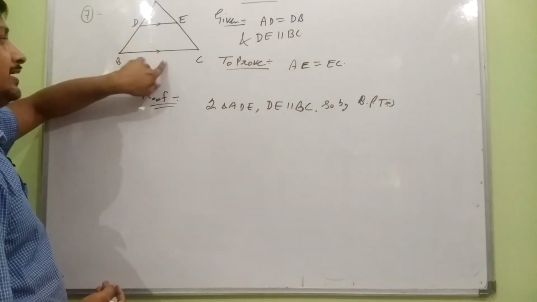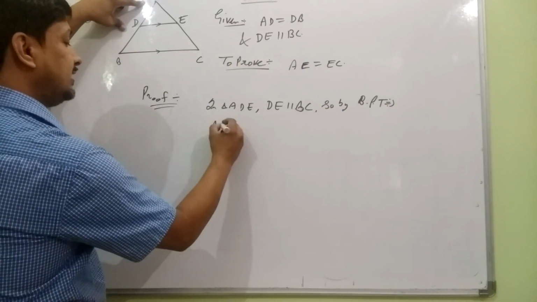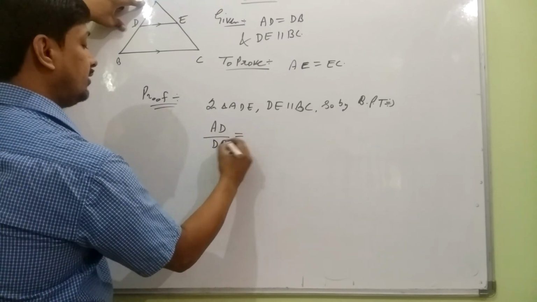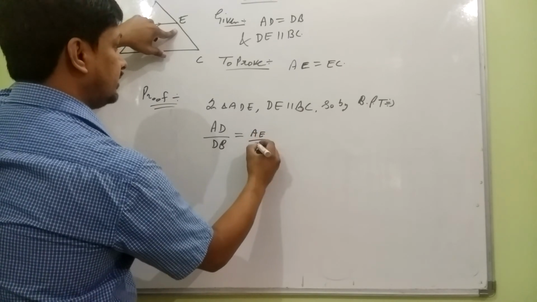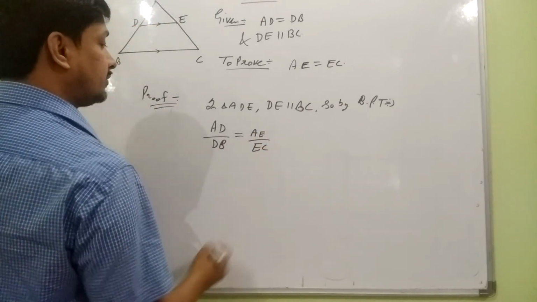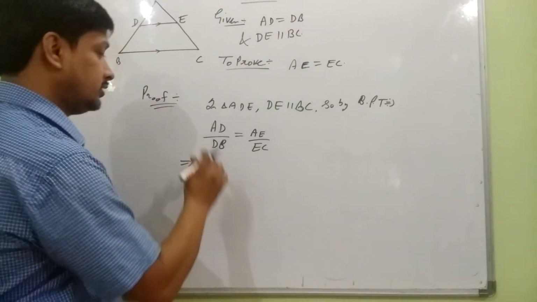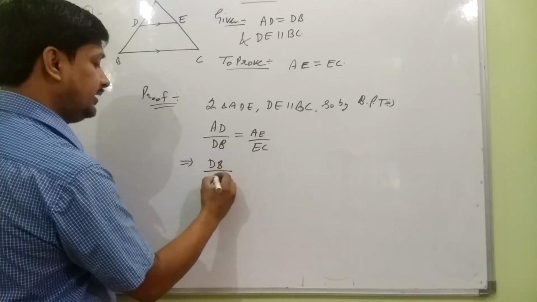If a line is parallel to any one of the sides, then it divides the other two sides in the same ratio. So AD upon DB will be equal to AE upon EC. Okay, but you know AD is equal to DB. So can we substitute DB in place of AD?